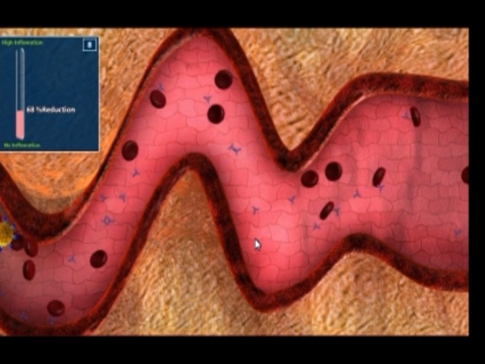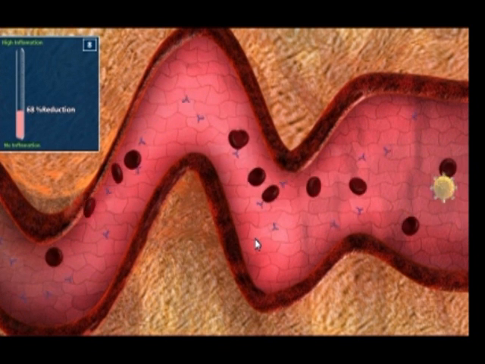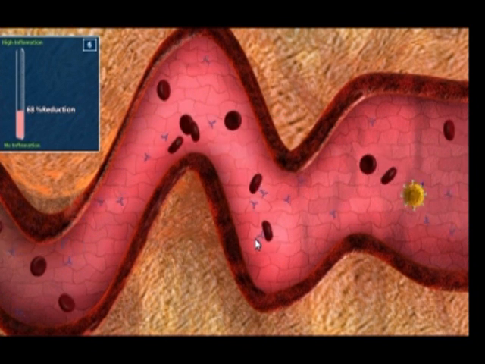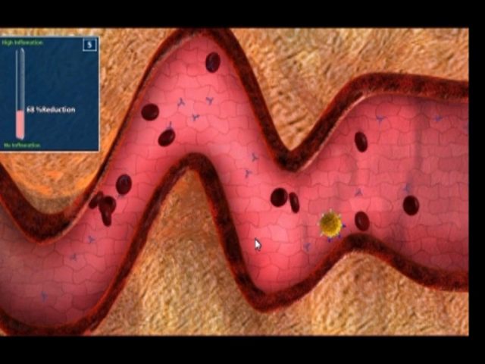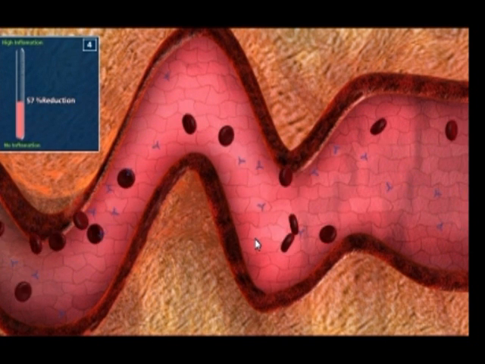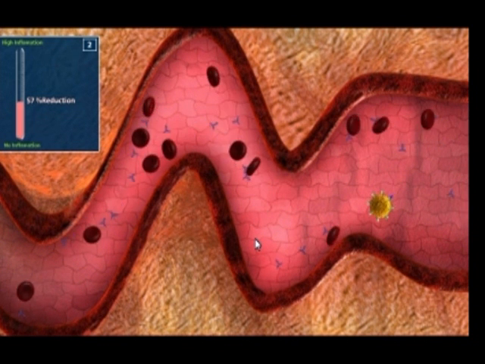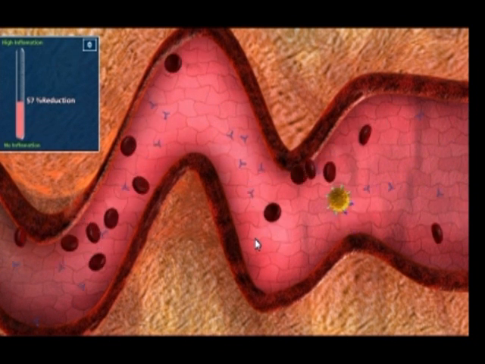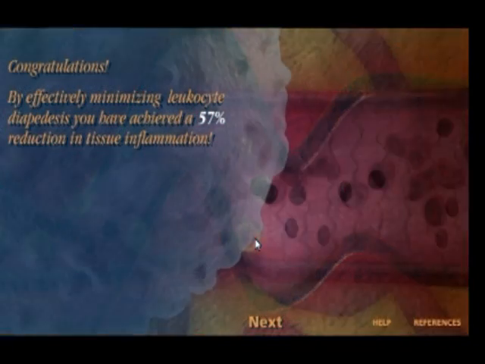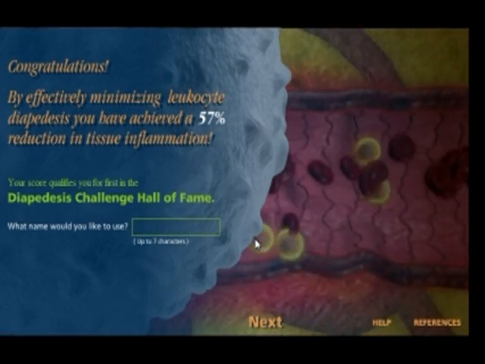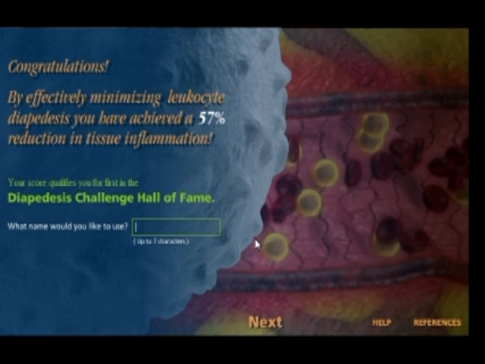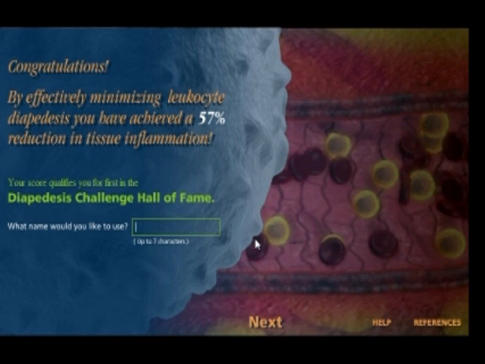And so you could just see the inflammation just turned the screen a little bit redder. As these cells go through diapedesis, the surrounding tissue turns redder, and I guess that's the main goal. So I did okay. I was able to stop diapedesis, a 57% reduction in tissue inflammation.